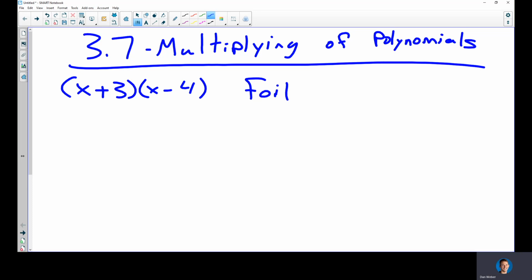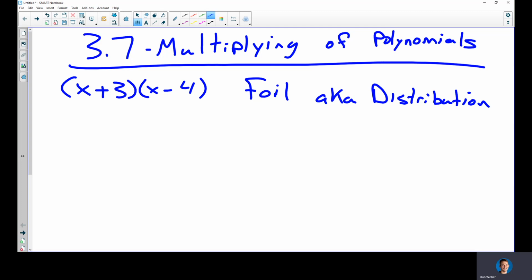Basically what you're doing, though, is known as distribution, AKA distribution. Distribution is the actual math term that we use for this. You don't FOIL numbers, you distribute them.